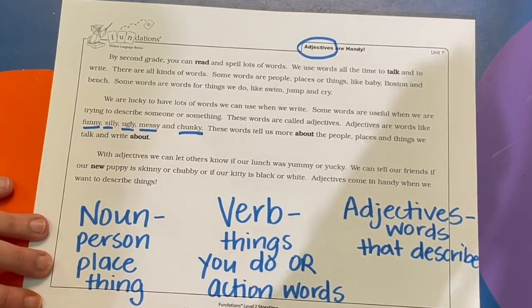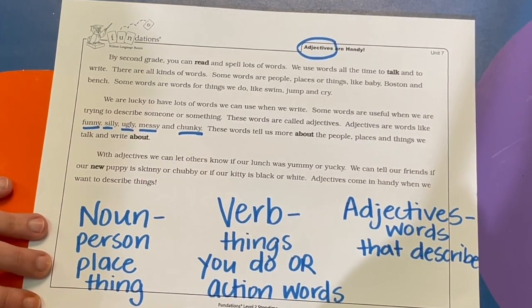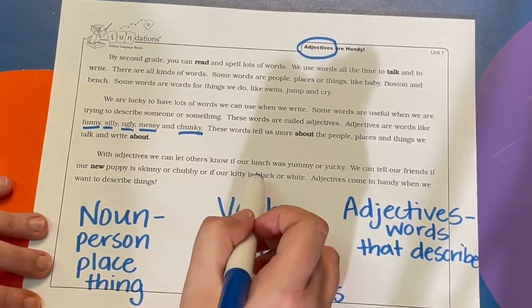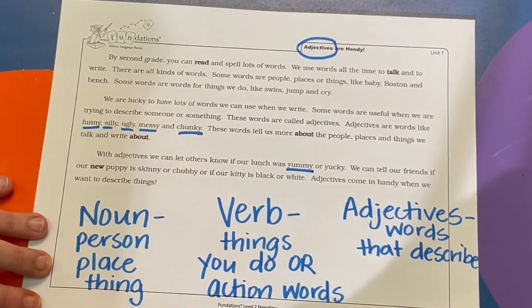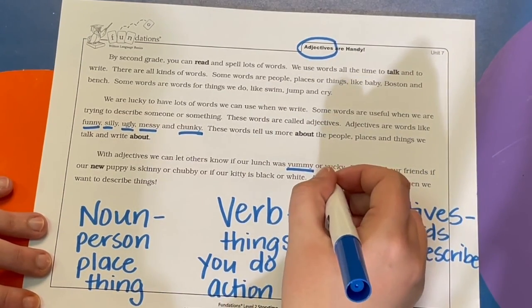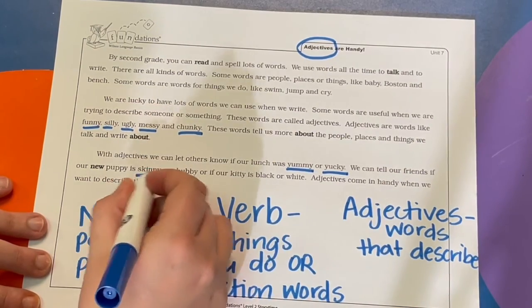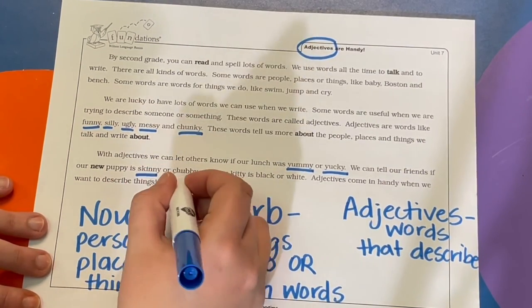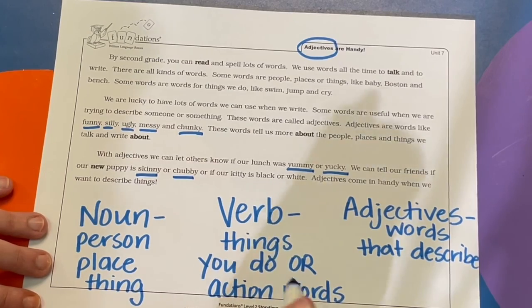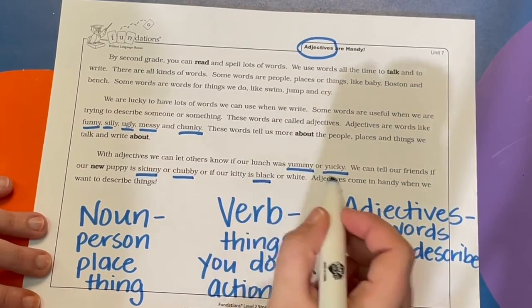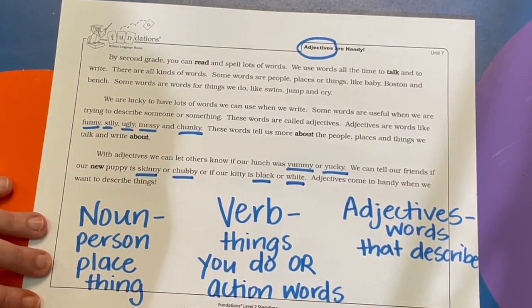They tell us more about what we're learning about. You might use the adjective yummy when you talk about lunch. You might use the adjective yucky. You might use an adjective skinny to describe something, or chubby. You could even describe the color, like black or white. Adjectives make reading and writing even more interesting by adding in describing words.